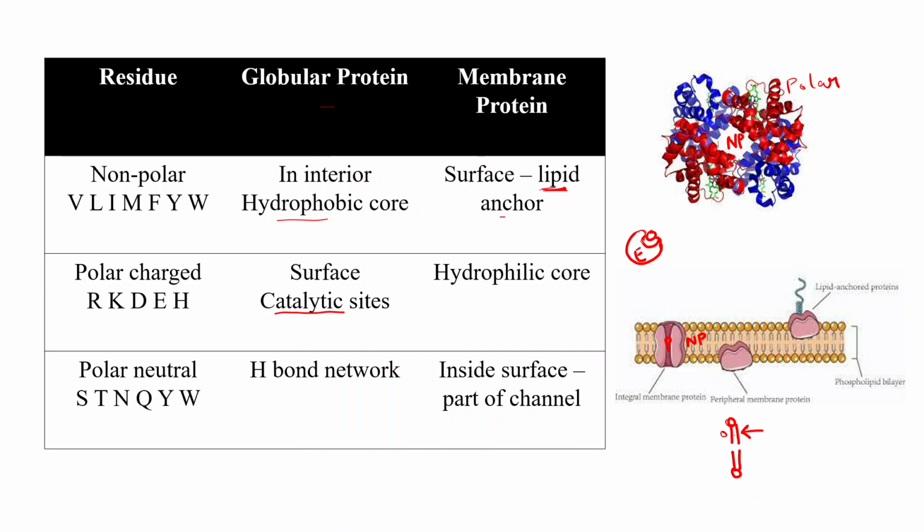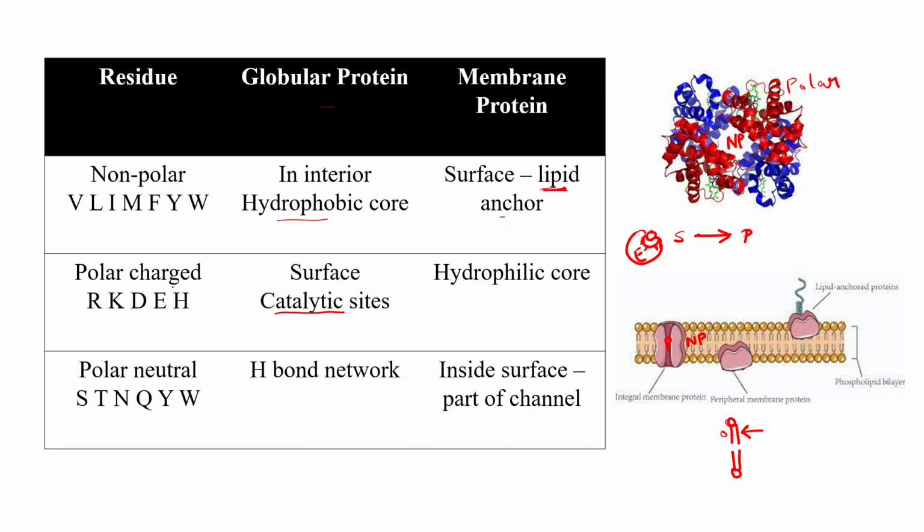The amino acids present in the catalytic site are generally polar, since it is exposed to the environment, and they are generally charged, so that they can carry out certain reactions and the substrate can be converted into product. If they are charged, they can transfer electrons and carry out some catalytic reaction.